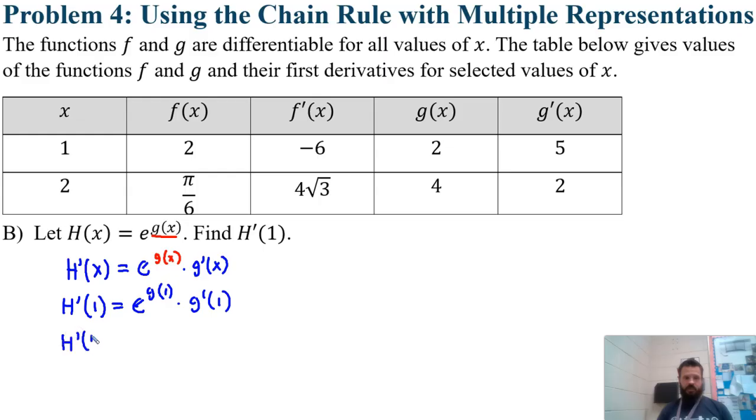So h prime of 1 is equal to e to the g of 1, which is 2, so e squared, times g prime of 1, which is 5 once again. That's it. If this was on a calculator portion, I could round that answer, but if we want to leave it in exact form, 5e squared looks a little nicer than e squared times 5.